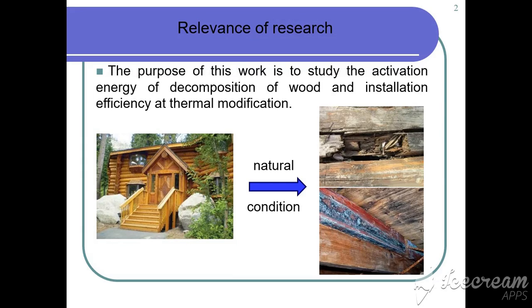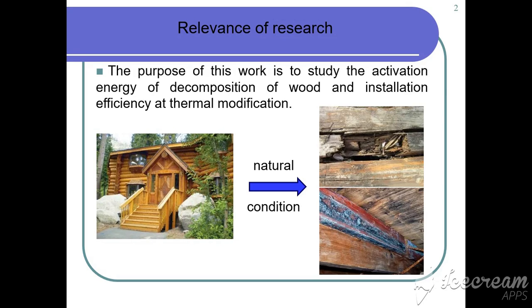Given the above, the modification of wood presents difficulties for the application of technological schedules like time and temperature. This is primarily due to the fact that the structure and composition of wood are different and the modification process is not achieved, and the use of thermo-modified wood leads to its destruction.